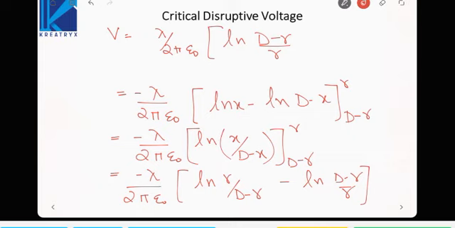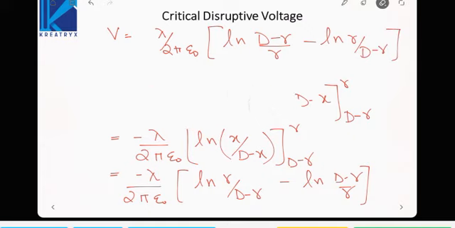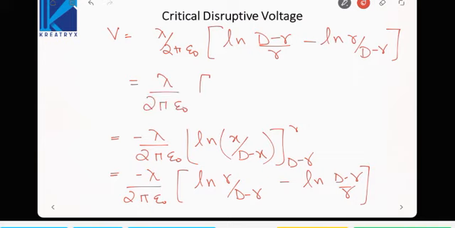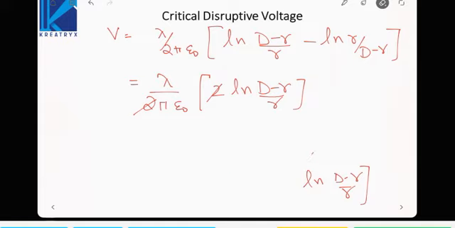Minus of log is log of 1 by x, so this will be lambda by 2 pi epsilon naught into 2 ln (d minus r) by r. So from here I can calculate lambda.